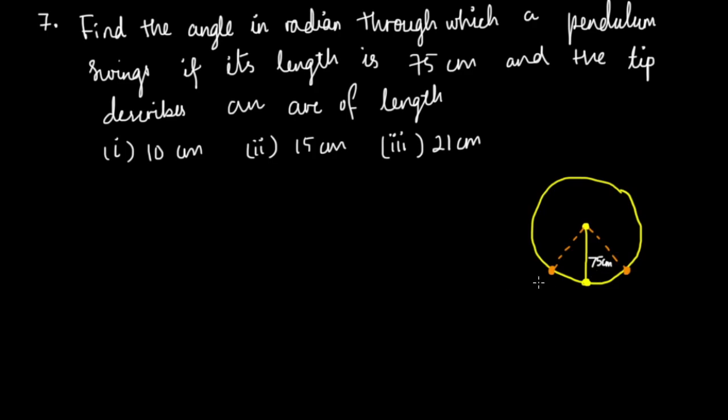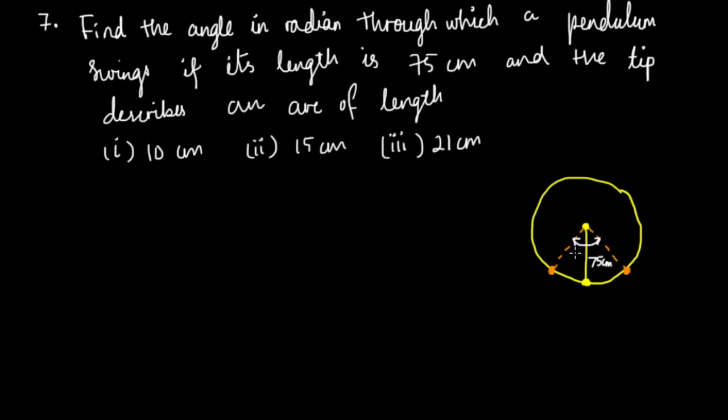Okay, now the question is, find the angle in radian. So we need to find this angle that the pendulum describes. We'll plug in these values later on. Now let me just solve in terms of the parameters.